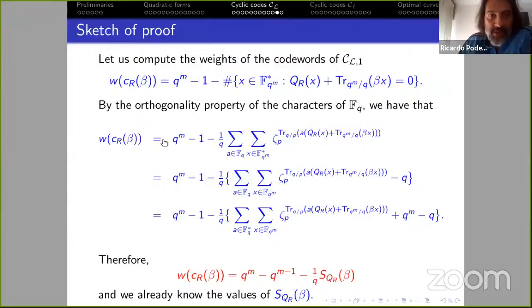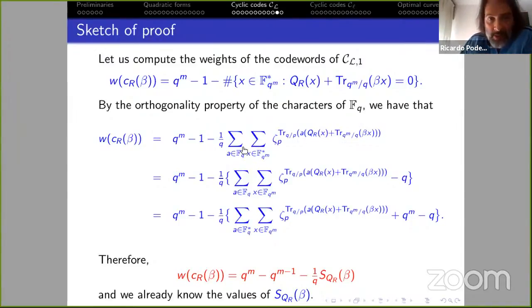Again, using exponential sums, I can count this in this way, because when this expression is different from 0, the whole sum vanishes.